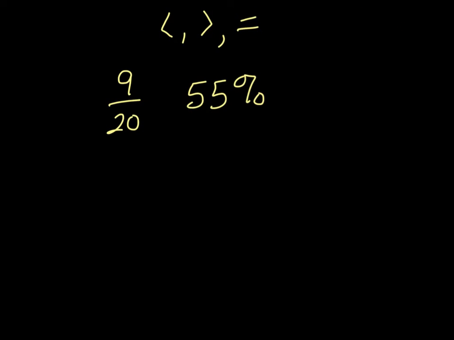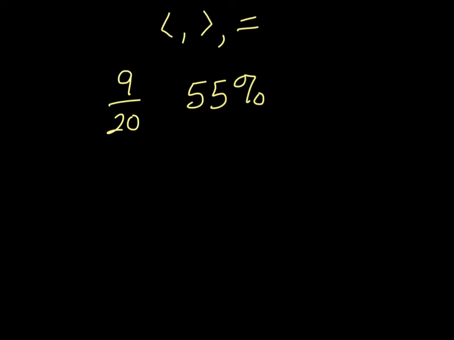When I'm asked to compare two amounts, like I am here, I have a fraction, 9/20ths, and I have a percentage, 55%. What I need to do is get either this into a percentage or this into a fraction. And I can do it either way, it doesn't matter. When I'm looking at this one, I'm going to make this into a percentage.